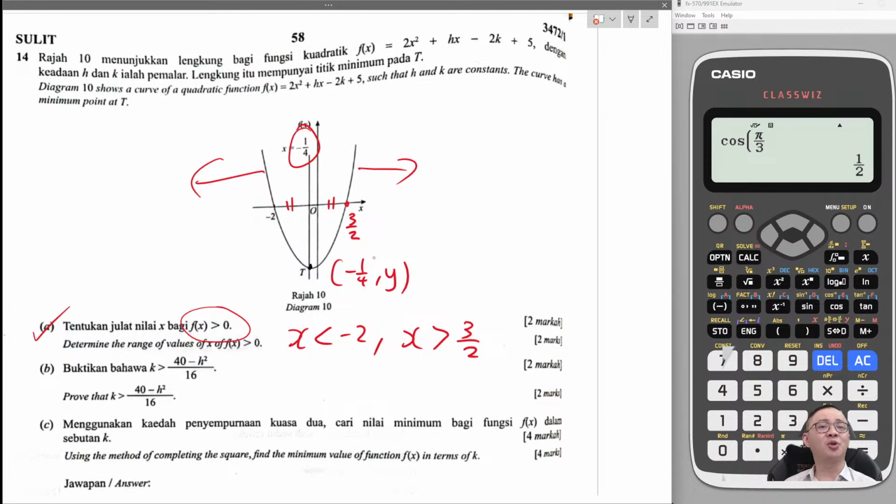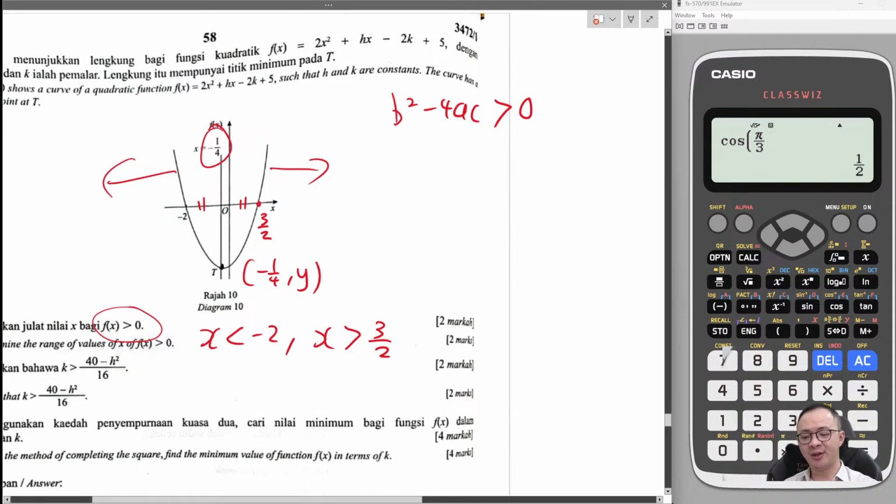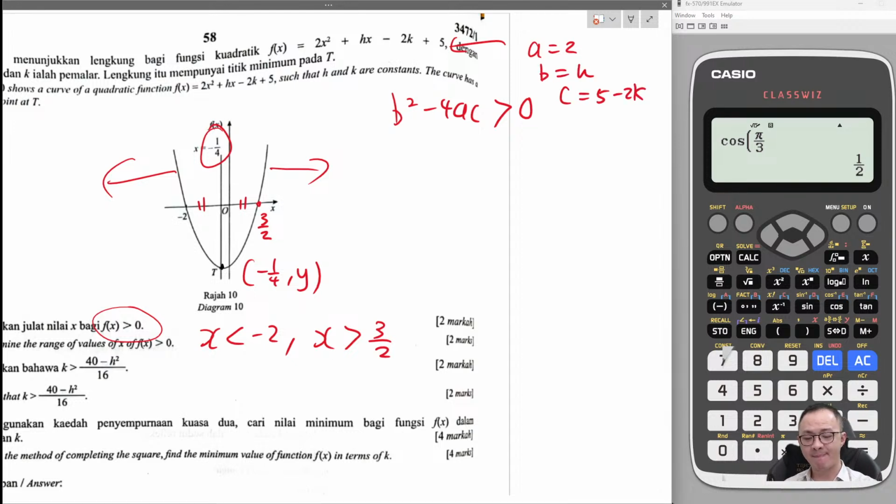Bonus mark. Prove that k is bigger than this thing. Obviously, they intersect at 2 points with the x-axis. So assume this is b squared minus 4ac bigger than 0. Why? Because they intersect at 2 different coordinates. So here, from the equation given here, my a is 2, my b is h, my c is 5 minus 2k.